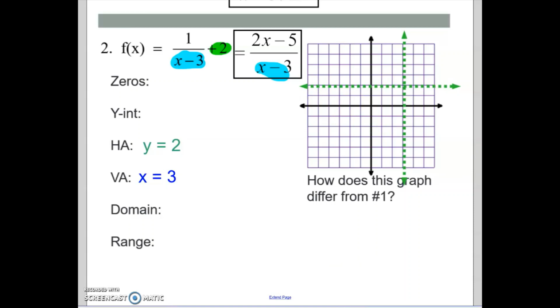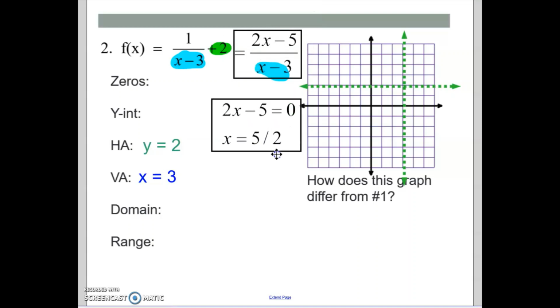A couple of things we can also do, looking back at that chart, we can always find an x-intercept or a 0 by setting the numerator equal to 0. So I'm going to look at that numerator, 2x minus 5, set it equal to 0, solve for x. That's going to be an x-intercept or a 0.